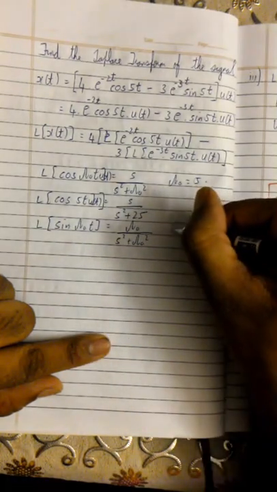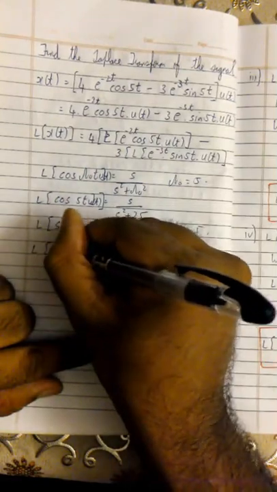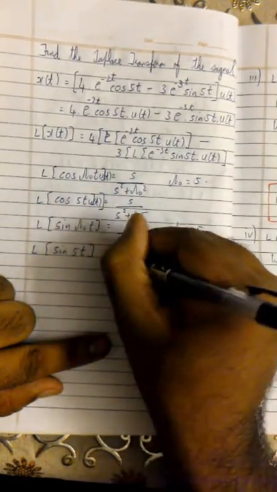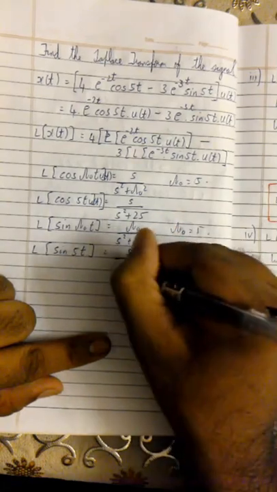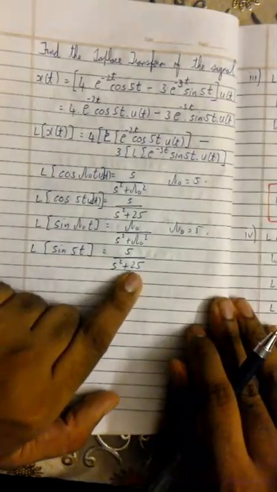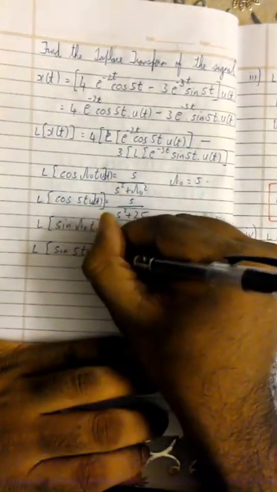Here also ohm 0 is equal to 5, so the Laplace transform of sine 5t is equal to 5 by s square plus 25. So now I found into u of t.